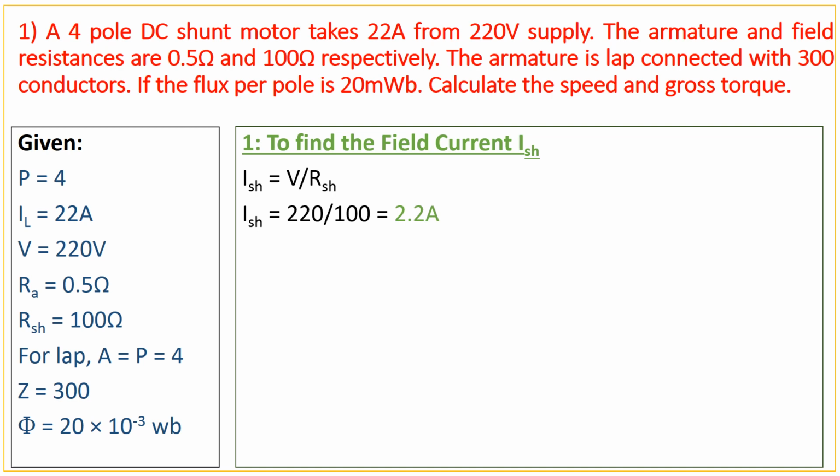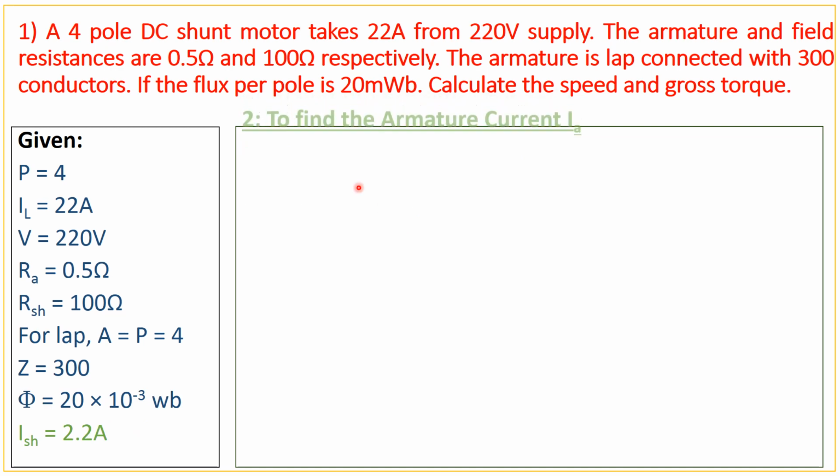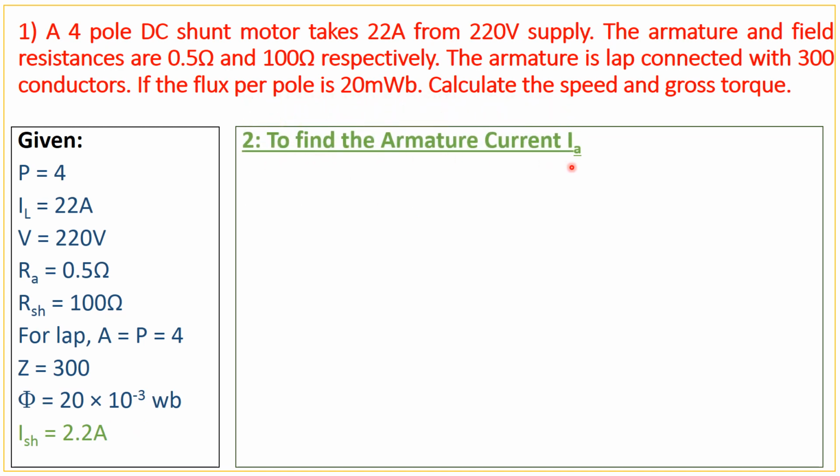Next, I can find out the armature current IA. Therefore, IA is equal to IL minus ISH, that is 22 minus 2.2, which is equal to 19.8 amperes. So I got the armature current IA.